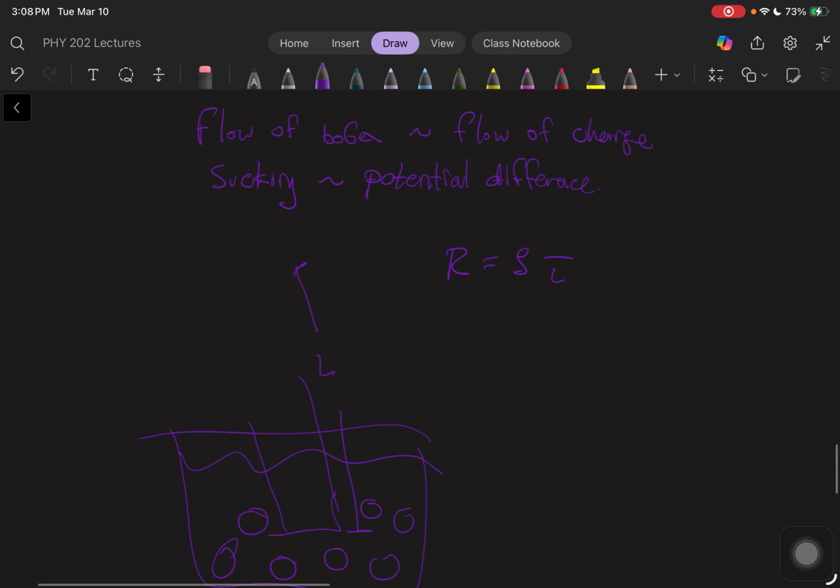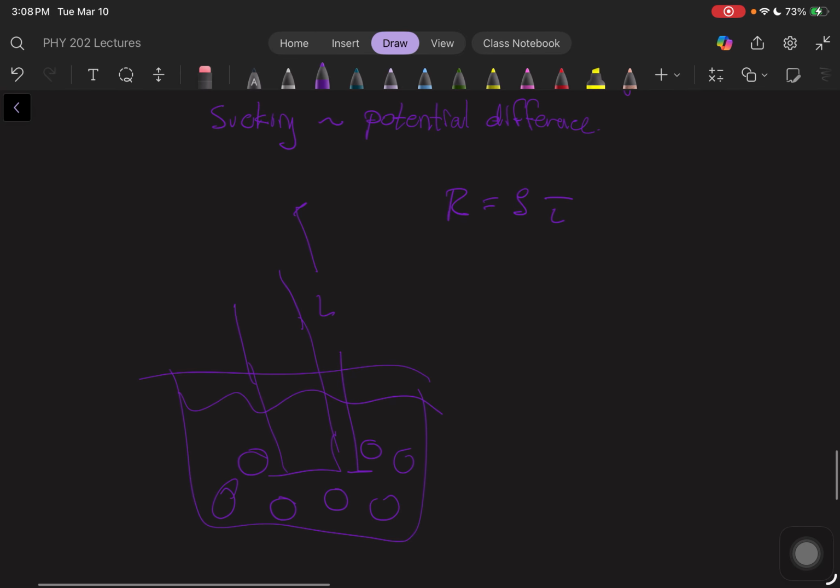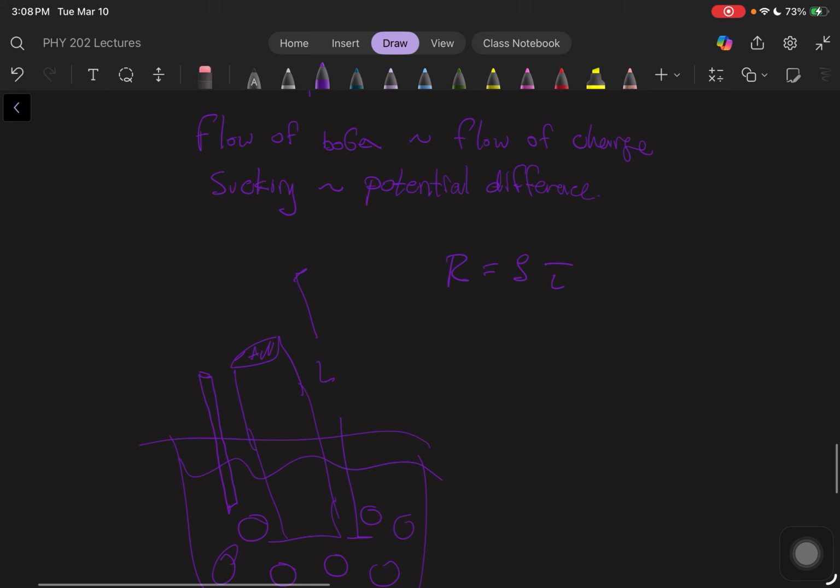What else can we think about? Maybe the cross-sectional area of the straw. If you took one of those little coffee stirrer straws and tried to do this, you'd be there all day, right? And so that's a higher resistance. Oh, wait, did I mess this up? I did.